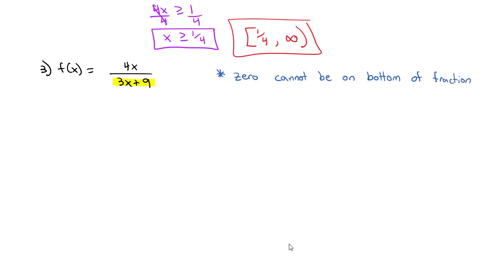In other words, this part on the bottom of the fraction cannot be 0. So the 3x + 9 cannot be equal to 0.